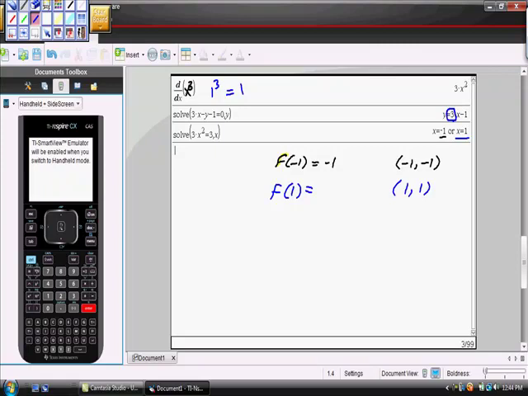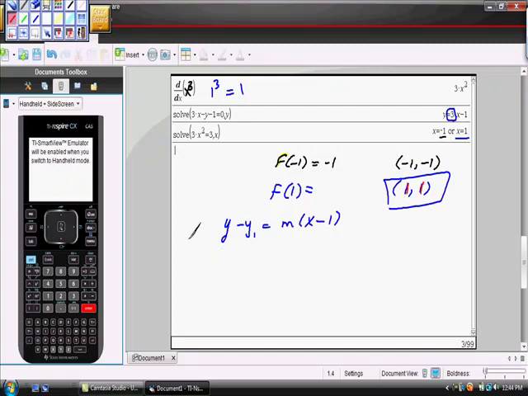Okay? All right. So now what we're going to do is this, and I'll show you how to do it with your calculator, but now we're going to use y minus y sub 1 is equal to m times x minus x sub 1, right? The first one, we'll take this point right here, point 1, 1.